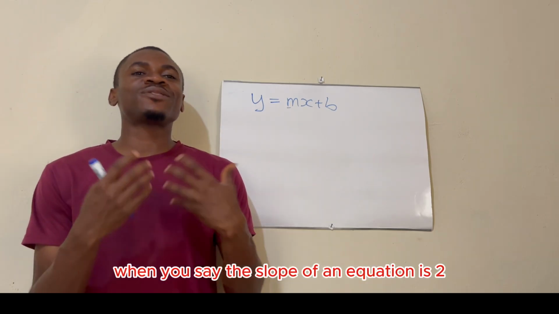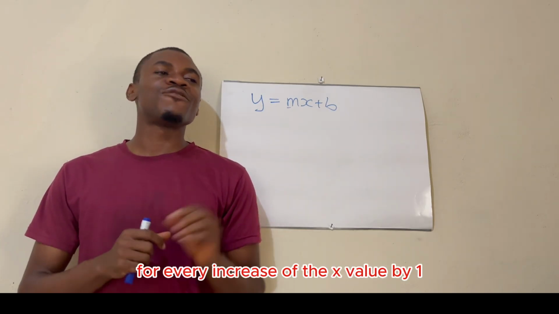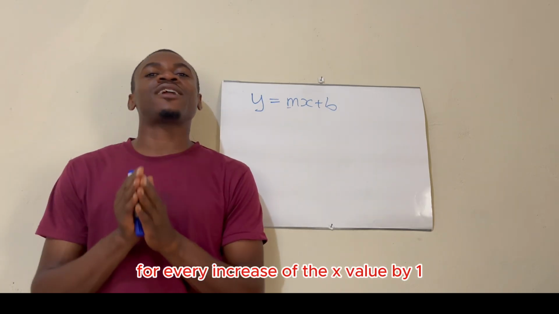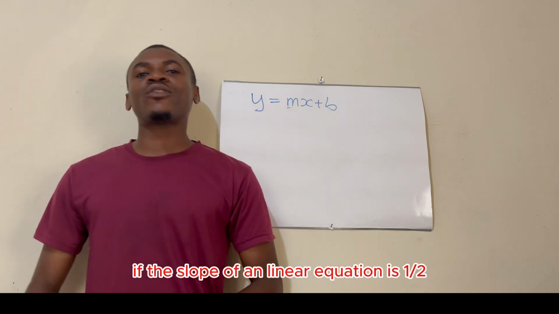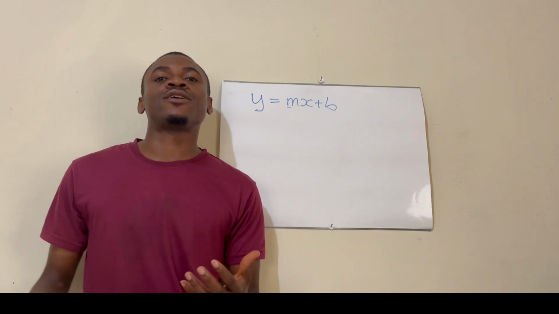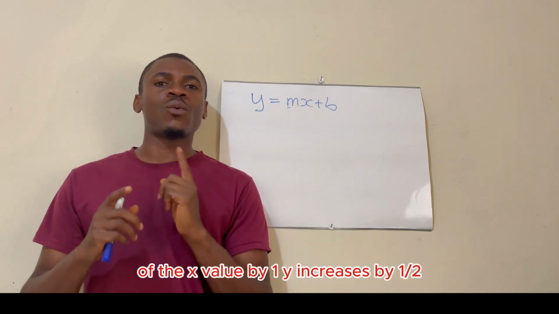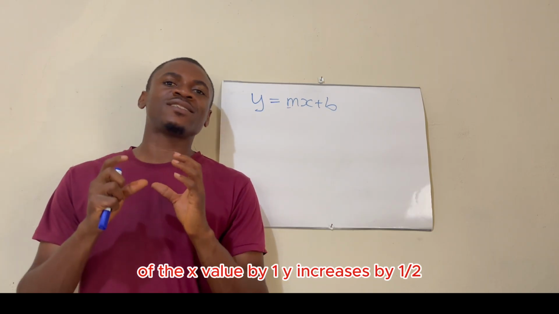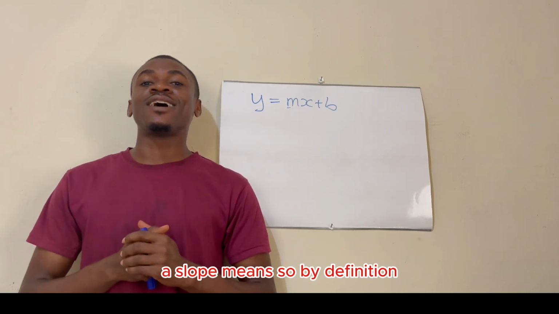So when you say the slope of an equation is 2, what that means is that for every increase of the x value by 1, y increases by 2. If the slope of a linear equation is half, what that means is that for every increase of the x value by 1, y increases by half. That is the simplest way to understand what a slope means.